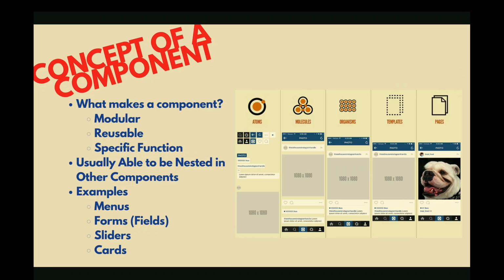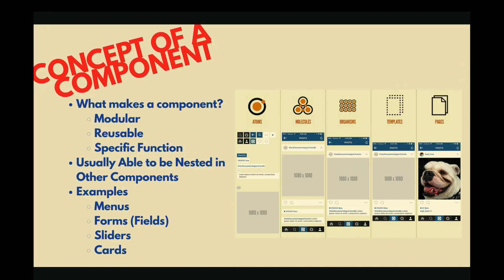Examples, menus. You've got these individual components that are called links. It probably wouldn't actually be a component, but you could make them. And then you build them out into bigger components like menu structures, link lists, drop-down or mega menus, that sort of thing. Forms, generally forms themselves, not really thought of as components. It could be. Everything that's kind of a wrapper could be a component, but the fields themselves are always considered components.